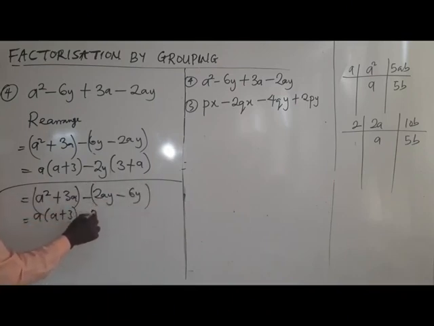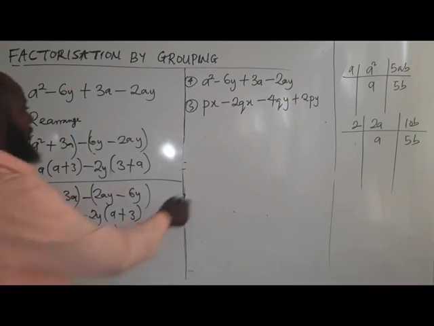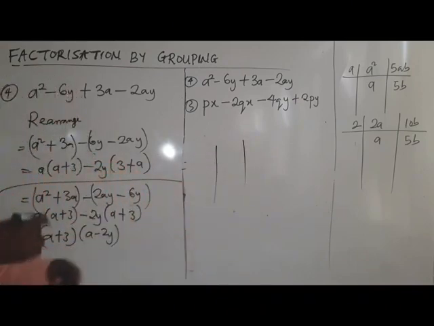Minus 2y is common, right? So this will remain a, 2y, and minus times minus gives us plus 3. You can see that what we have in this bracket and this bracket are the same. So that will be a plus 3 into a minus 2y. You notice that I did not draw this again, because you are getting used to it gradually.